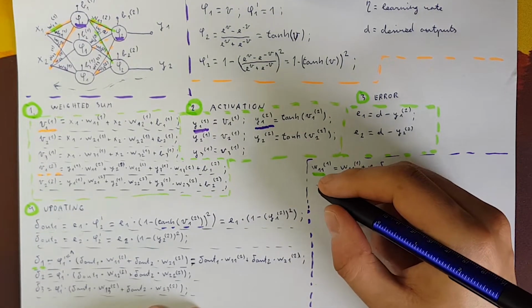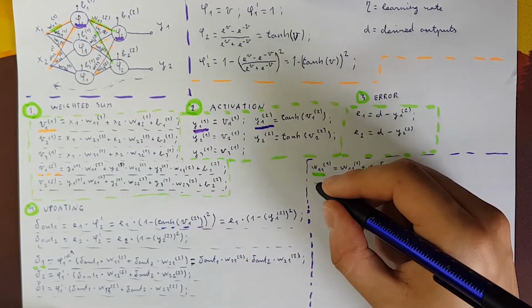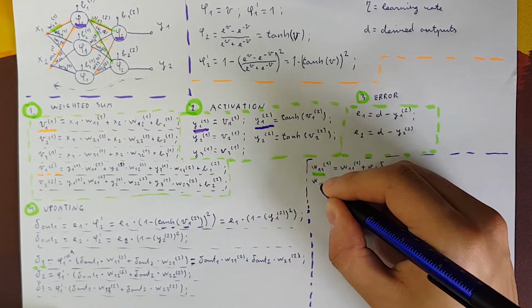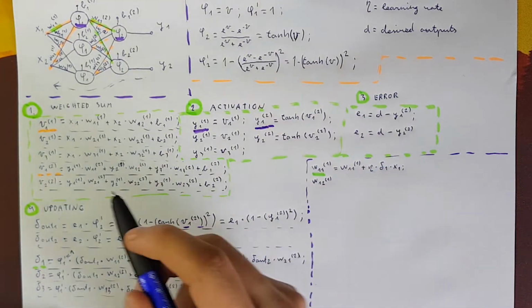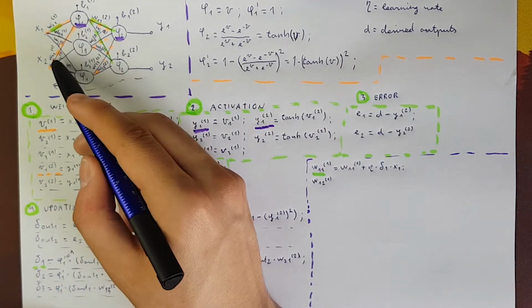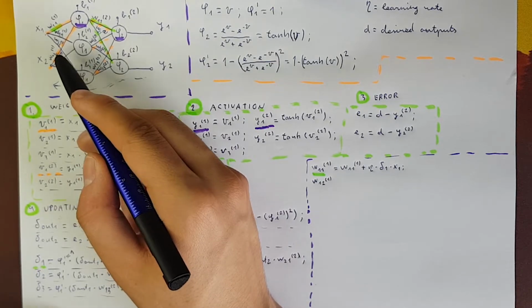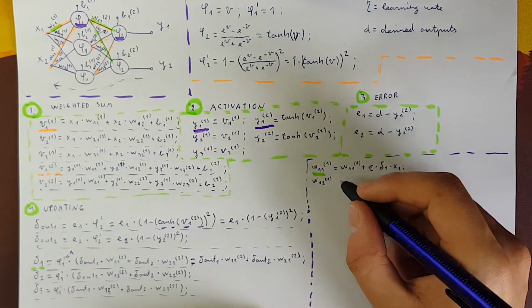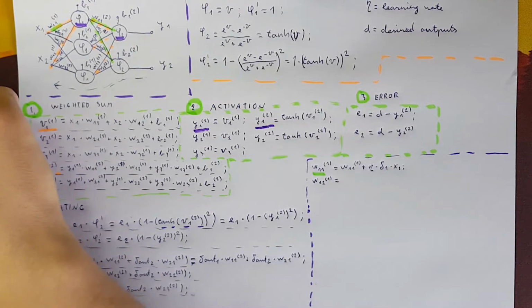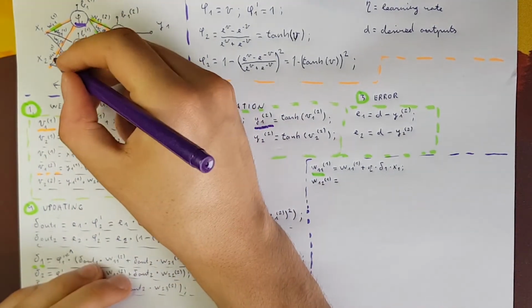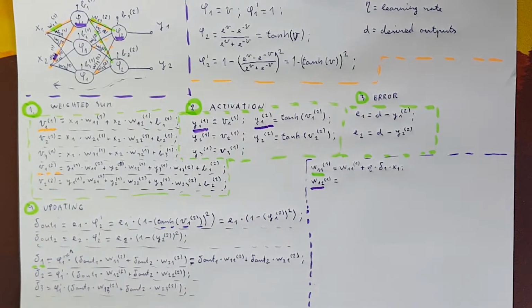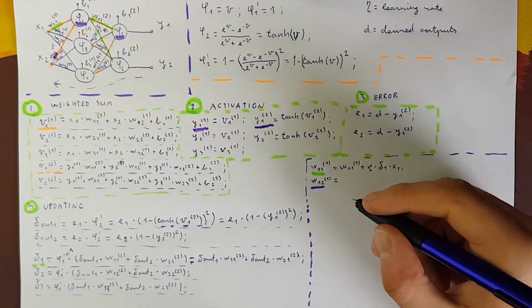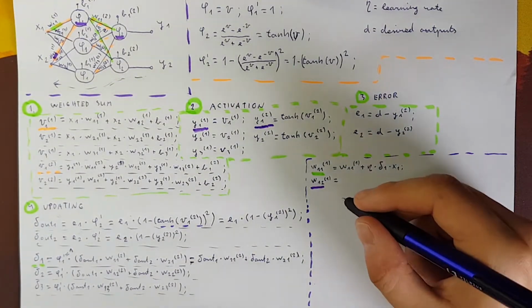So let's take the second weight for the first neuron of the first layer. So W12, we can see this is the W12. I'll just mark it down so it would be easier to see which one it is. It is this one. We calculate it similarly to the last one.